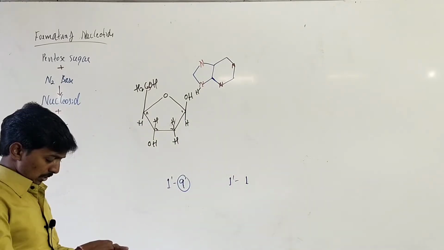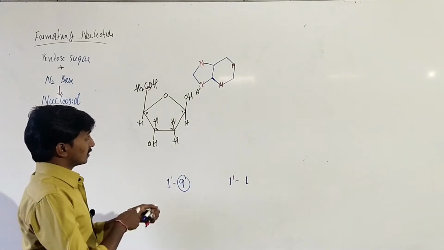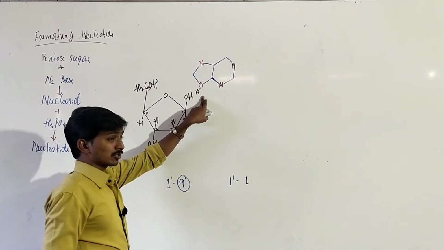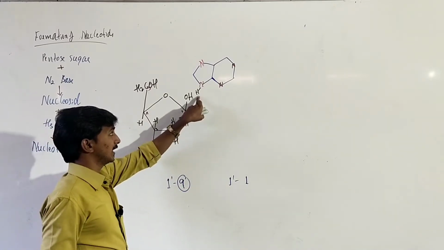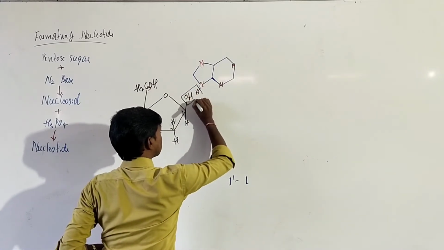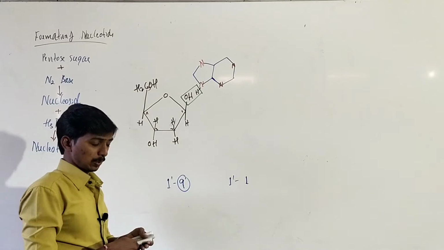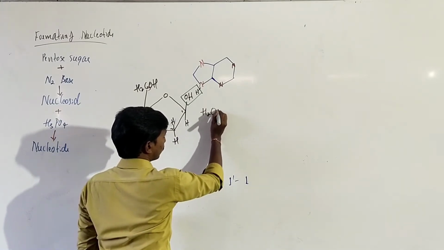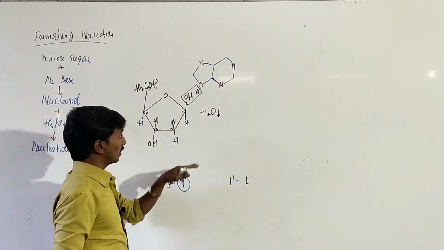Okay, so here the sugar will donate the OH group, the nitrogen base purine will donate the H, and they will release one molecule of water, that is H2O is released.